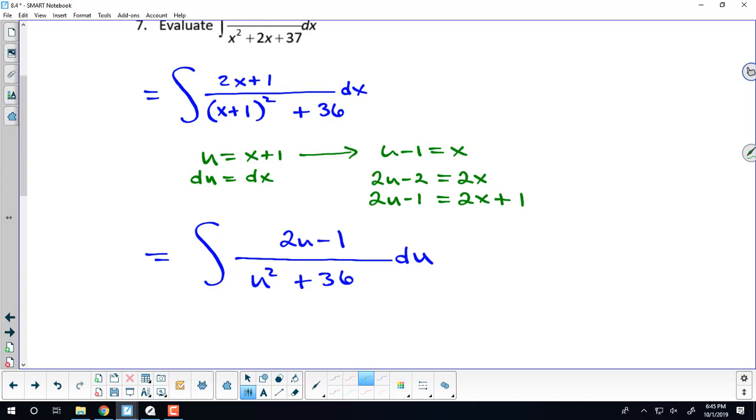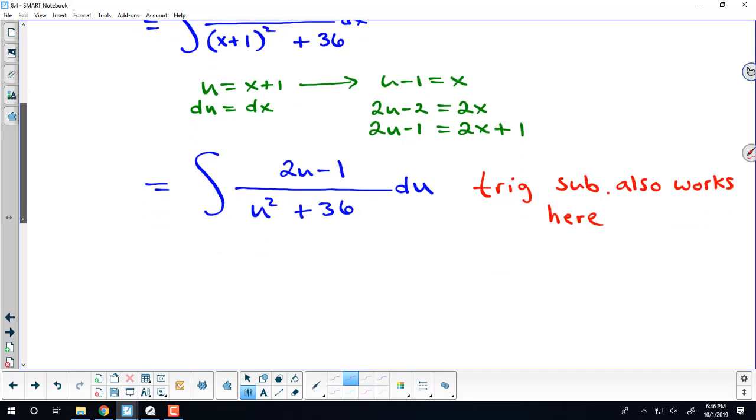Let's see, yeah, and so from here, splitting this up yields an antiderivative that we can find, or from this step we could trig substitute as well. We could have trig subbed here with the 2x plus 1 over the square. It just becomes a little more nuanced. All right.